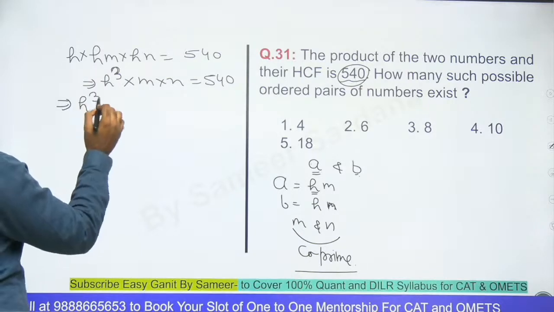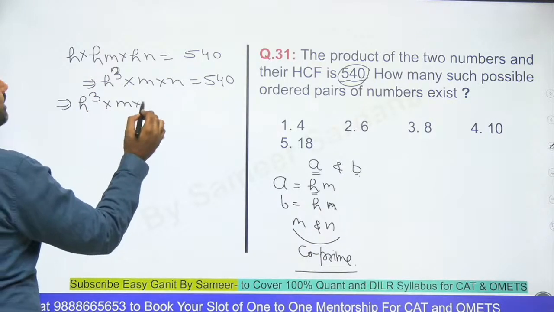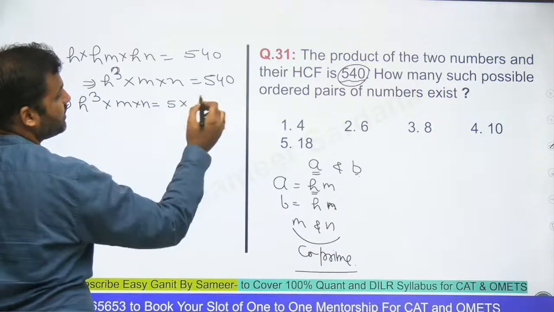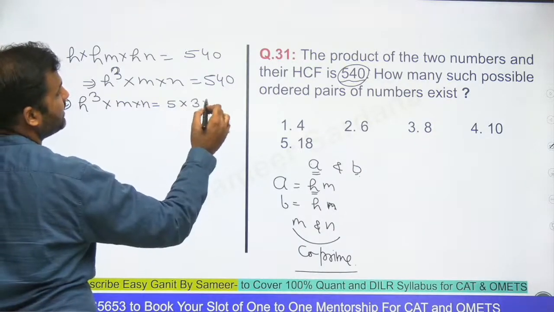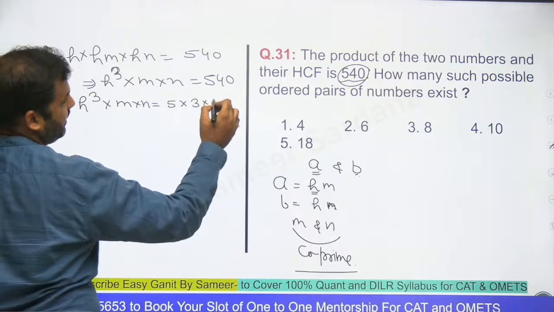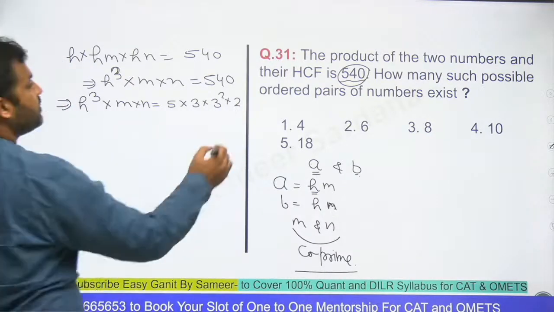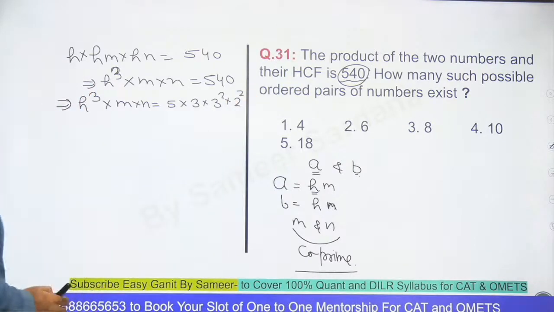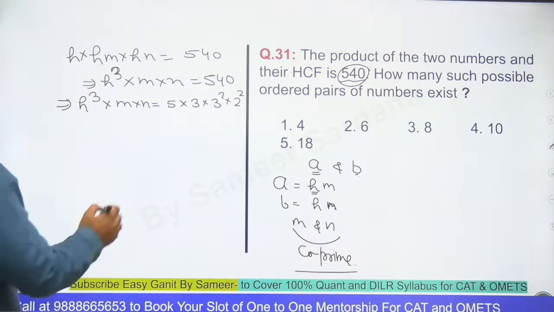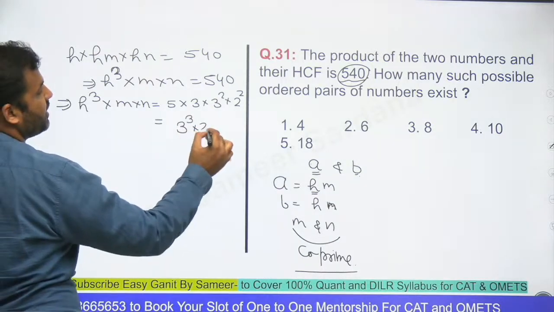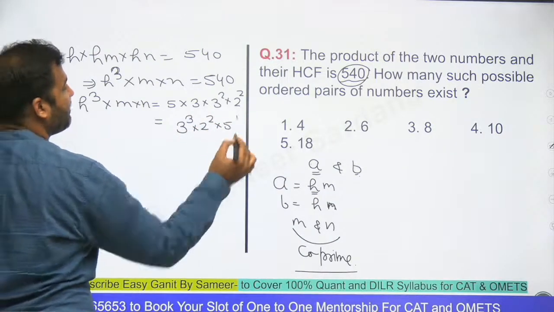So can I say H cube multiplied by M multiplied by N? 540 का factorization is 5 into 108, which is 3 into 36. 3 into 36 is 3 square into 2 power 2. Yes or no? Which is equal to 3 power 3 multiplied by 2 power 2 multiplied by 5 power 1.